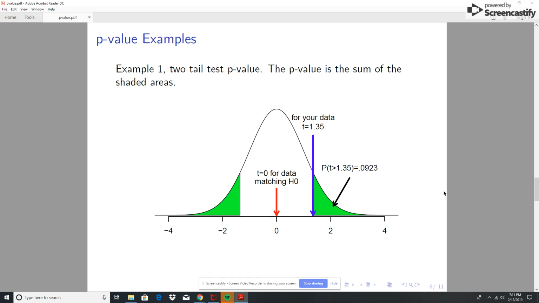If the data are a little different, don't agree completely with the null hypothesis, you'll have a test statistic that's not 0. And in this case, let's suppose it was 1.35. That's just shown there. And then what's the probability of getting a t-value that's greater than 1.35? Well, that's the shaded area, the 0.0923. And then the p-value is just doubling that. So this is just an image to go with the idea.